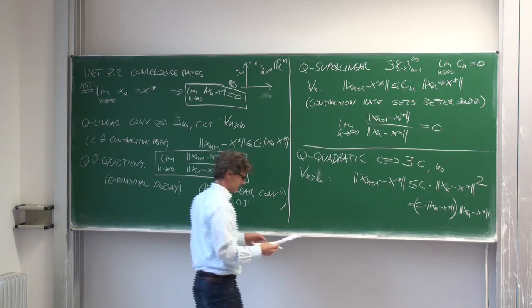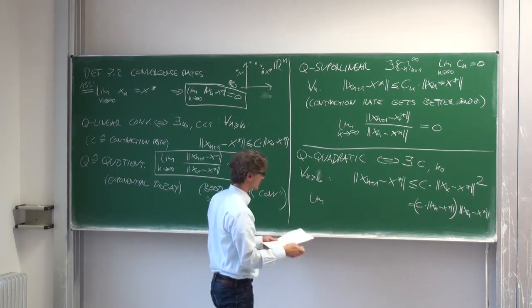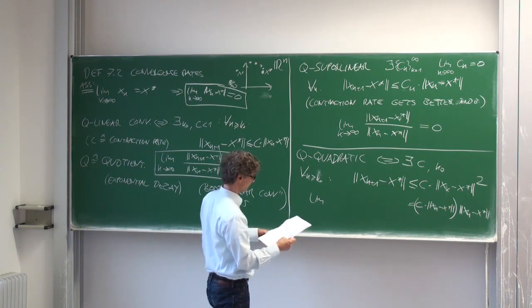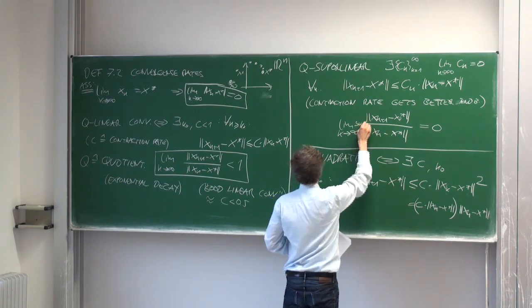Another way to state that is by a limit, and I think I should always have the lim sup here, right? I forgot that. I think I should have the lim sup everywhere. Sorry.